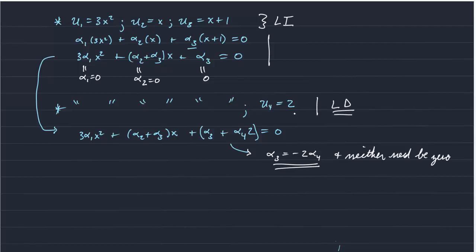Well, there are 3 functions, U2, U3, and U4, that can be expressed as a linear combination of each other if U3 is equal to minus 2 U4. And for this term, this would mean that alpha 2 is equal to minus alpha 3, and that's equal to 2 alpha 4.